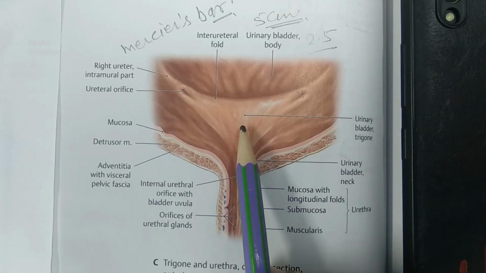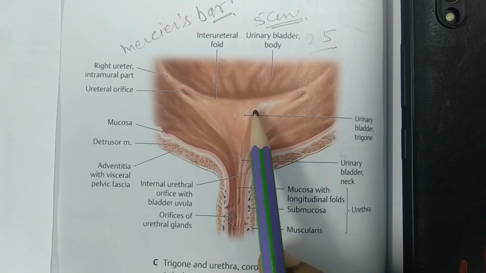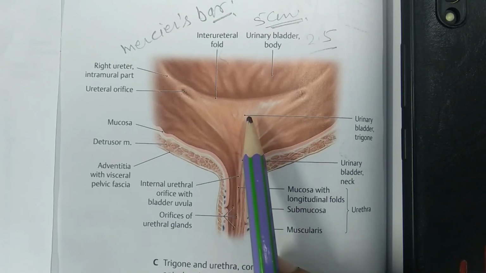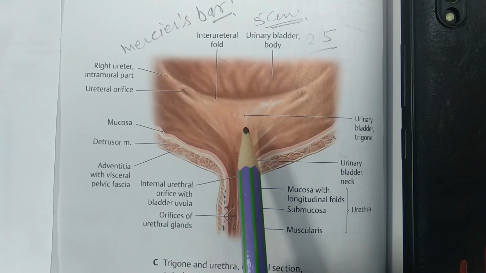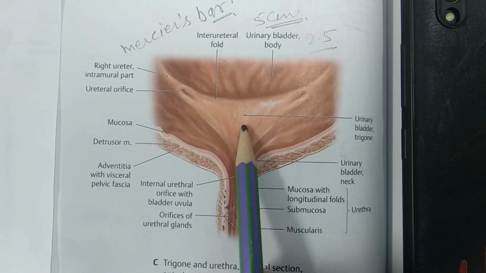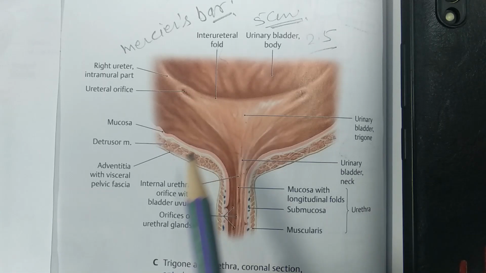And the third one, from inside to outward: first is the mucous membrane formed by the transitional epithelium, second is the trigonal muscle of Bell, and third is a loose areolar sheet, also known as the fascia of Waldeyer. And the last one, the outermost, is the detrusor muscle of the bladder. So these are the layers present at the trigonum vesicae from inside to outward.